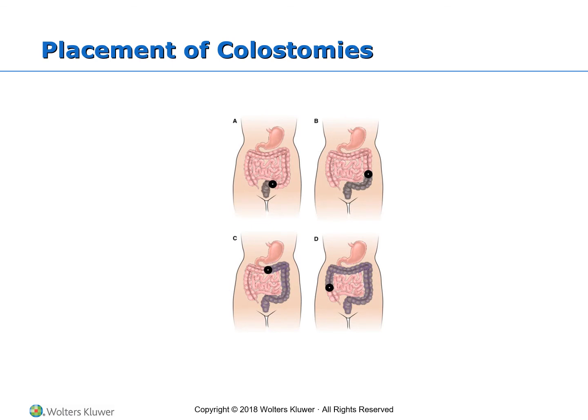Colostomies can be placed depending on what part of the colon needs to be removed. Ileostomy, its placement just depends partly on the patient themselves and their own body, and then what needs to be removed as far as the small intestine.